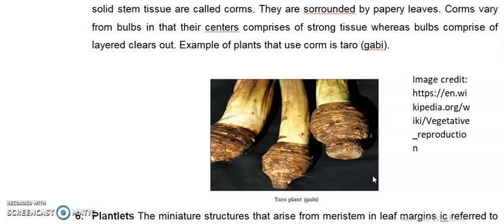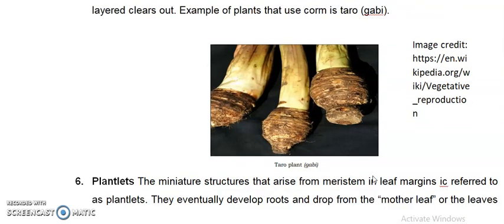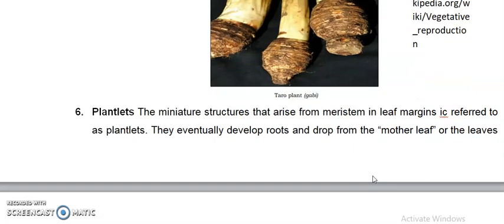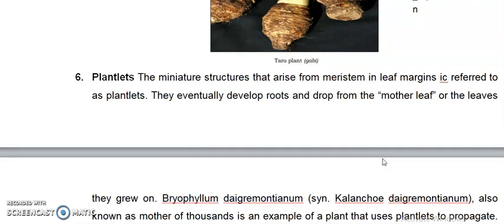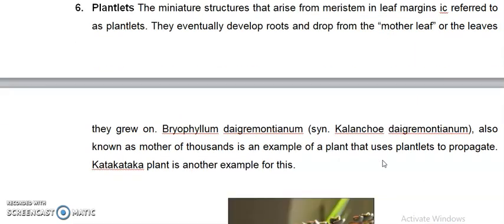Then the next method of asexual reproduction is plantlets. Plantlets are miniature structures that arise from meristem in leaf margins. They eventually develop roots and drop from the mother leaf, the leaf they grow on.